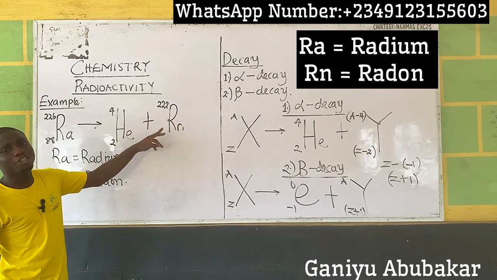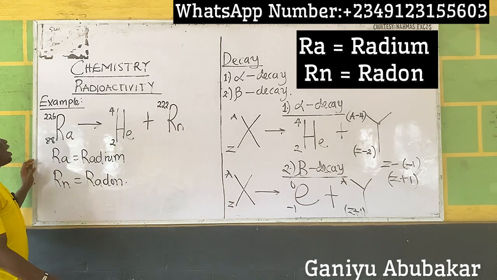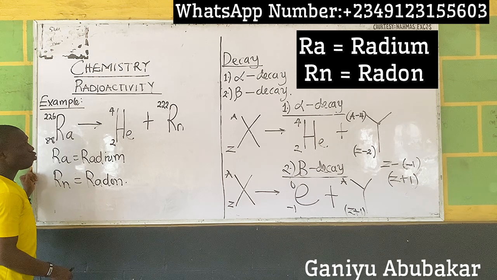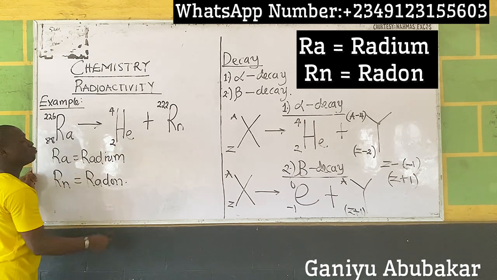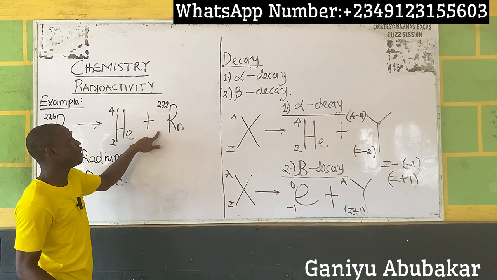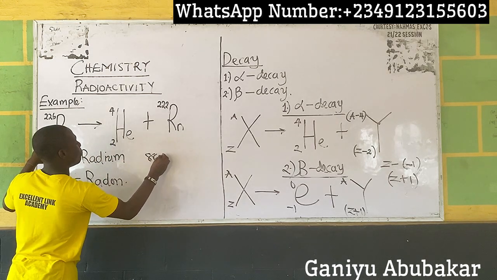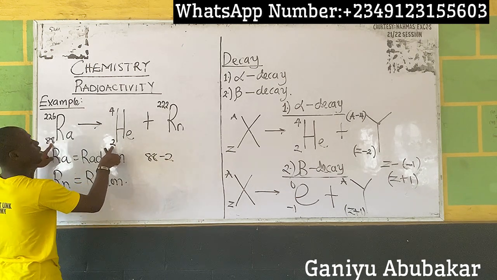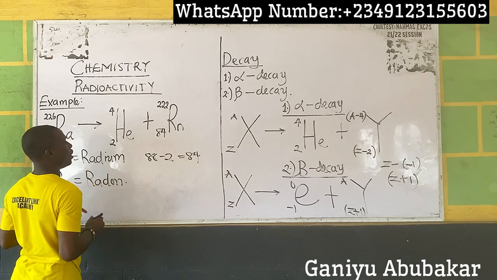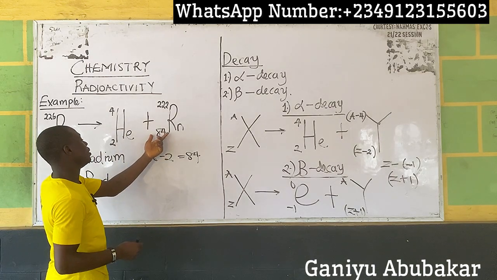For alpha decay, we said the mass number is reduced by 4, while the atomic number is reduced by 2. To get the atomic number here, I'll simply do 88 minus 2.